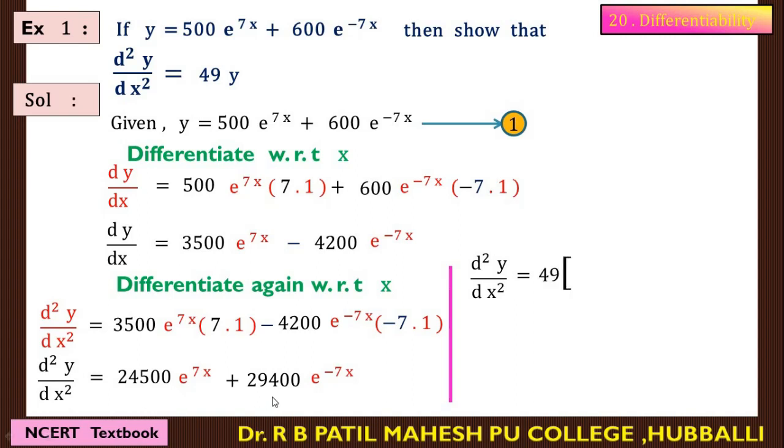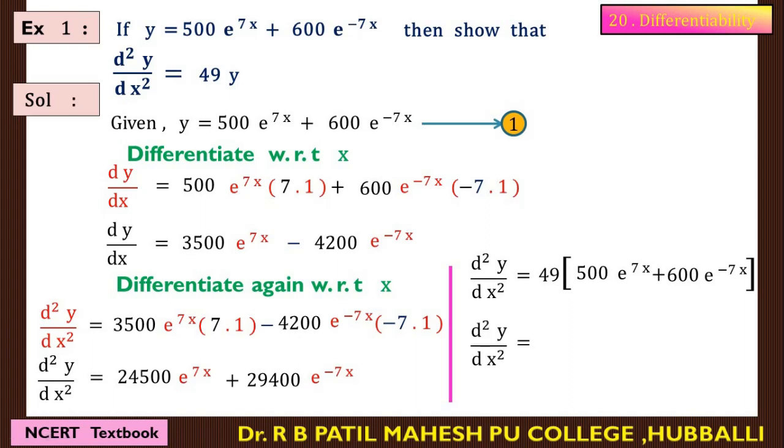In 24500, if you take 49 common, you will get 500 e raised to 7x, and in 29400, 49 is common, so you will get 600, that is plus 600 e raised to minus 7x. This idea you will get by observing the question. In the question it is given that we have to get 49y, so therefore better you take 49 common.